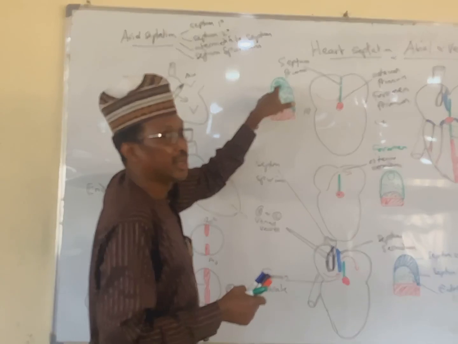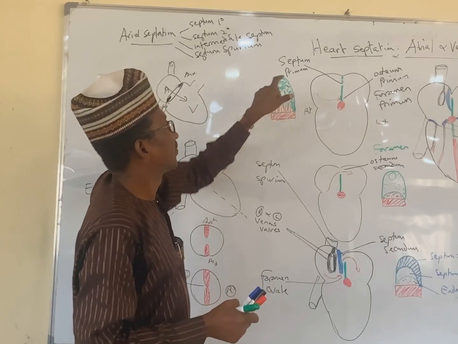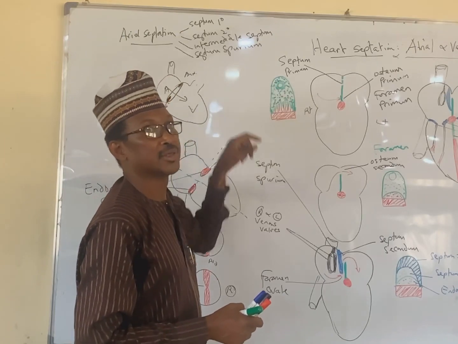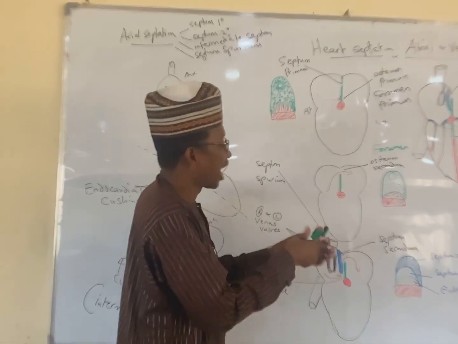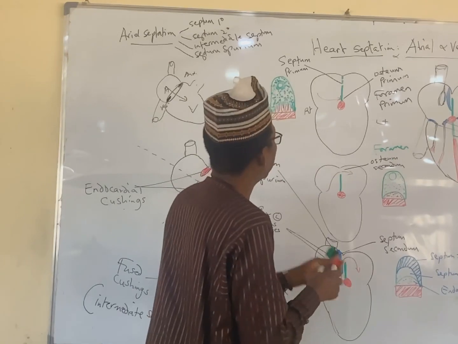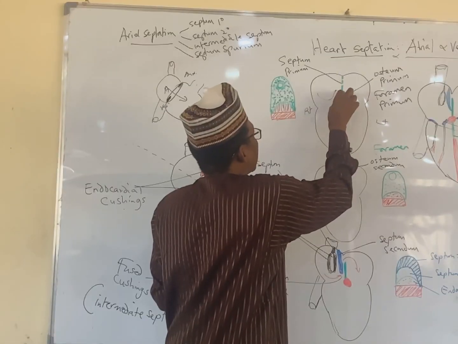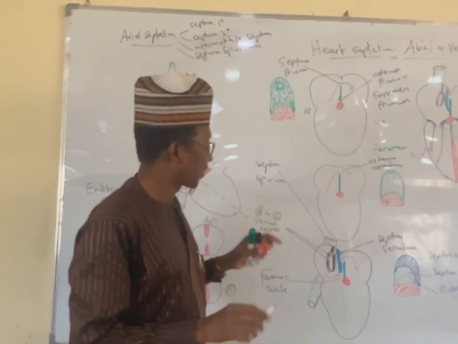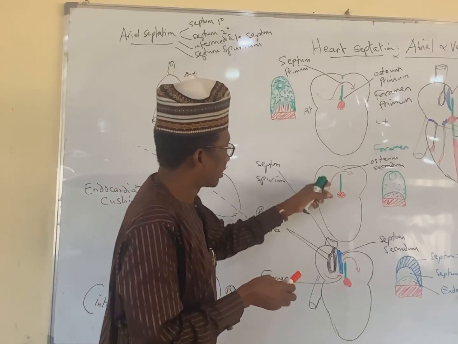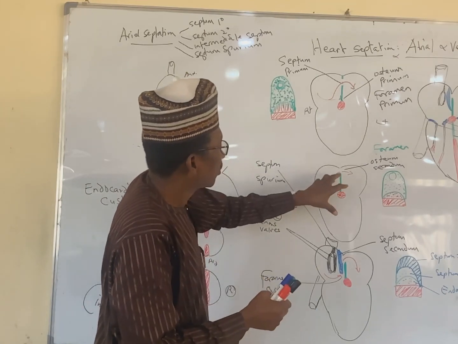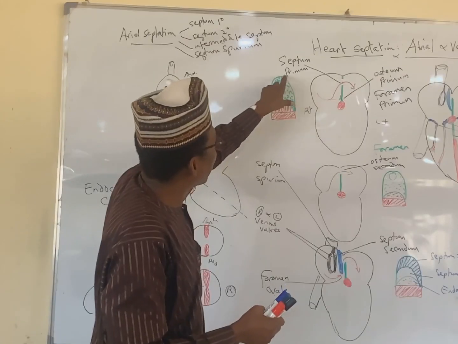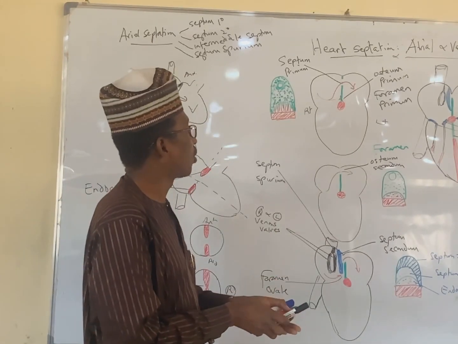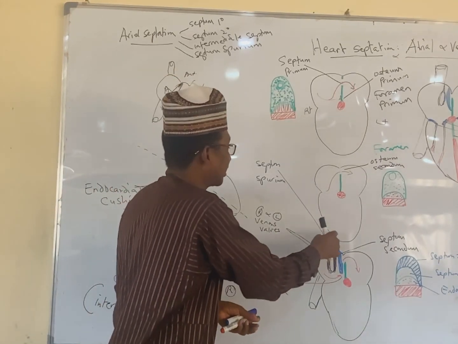So finally, you have this ostium secundum, or foramen secundum, so that blood can now pass from this right side into the left side. So that is it.